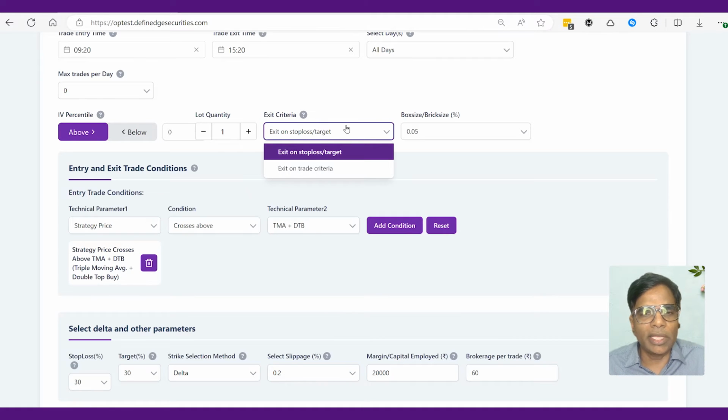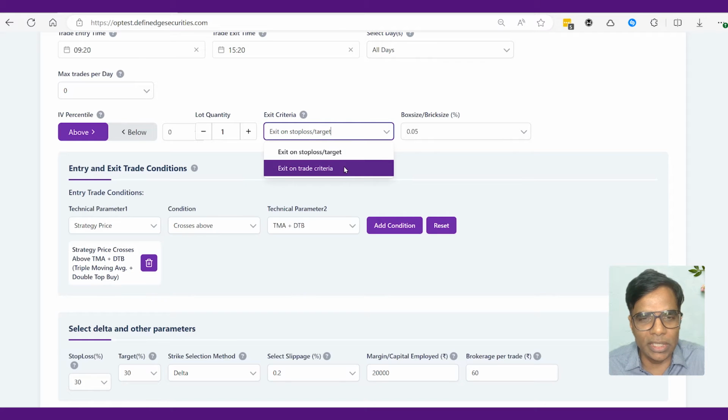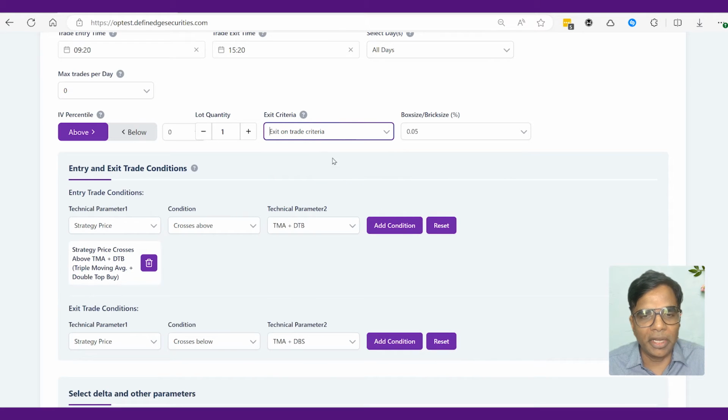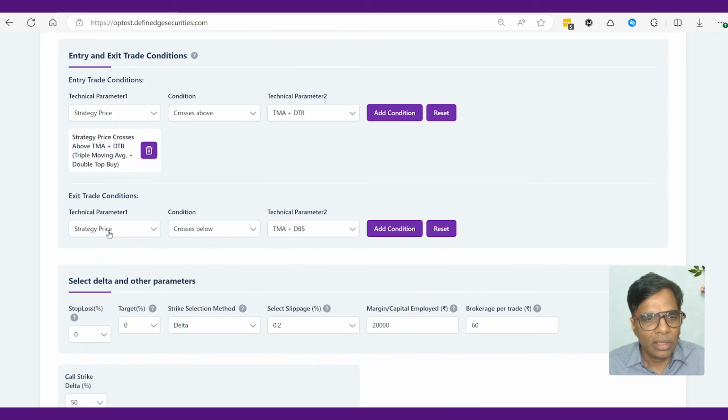Either you take a stop loss or a target, and whenever either of them hits, we exit the trade. That is one possibility. The other possibility is the one we have discussed: the strategy price crosses below the triple moving average and gives a double bottom sell.